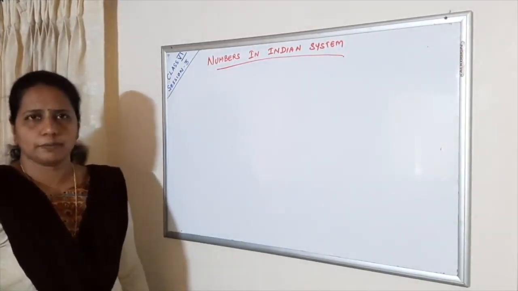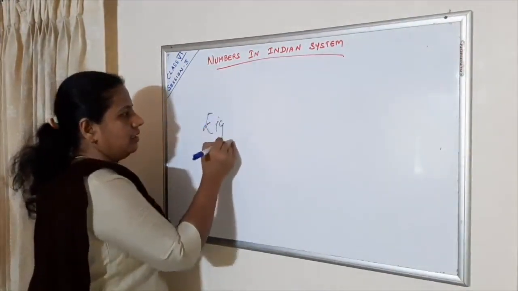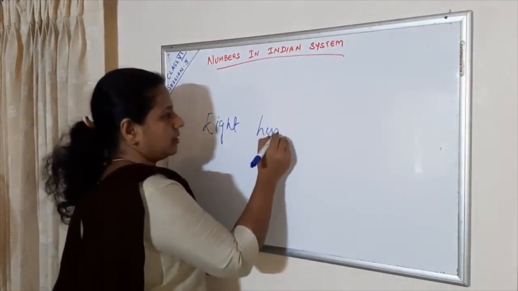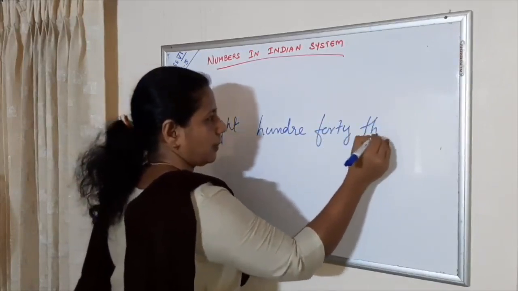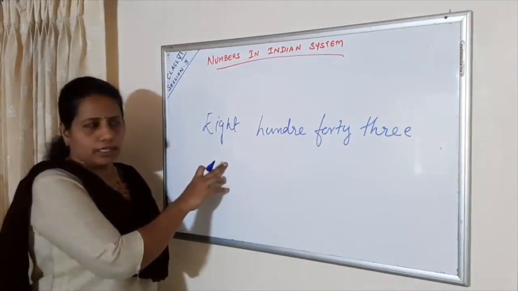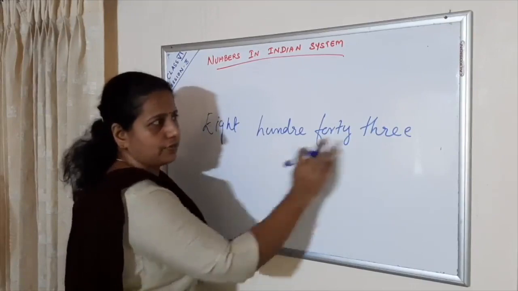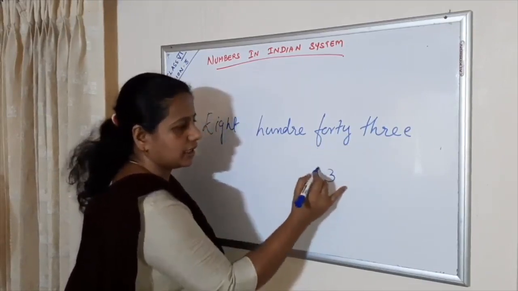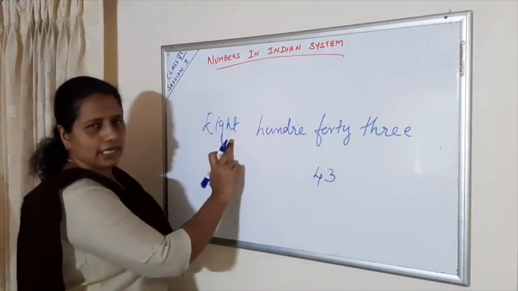Next, how to express it in numerals. If the given number is given in words, say eight hundred forty-three, we want to write this in numerals. First, you start from right to left. That is 3. Then next one 43, that is 4 tens and 3 ones, 43. And hundreds place 800.